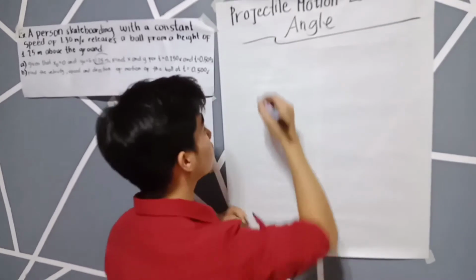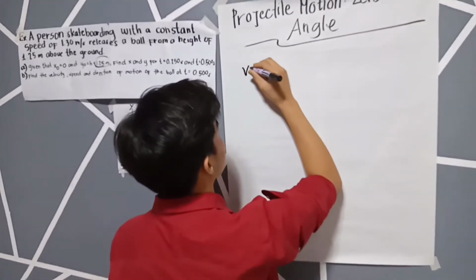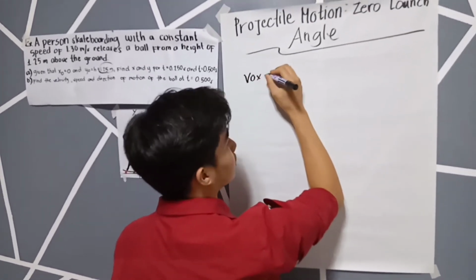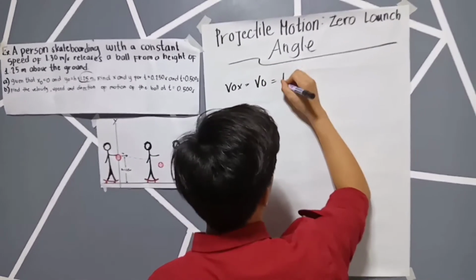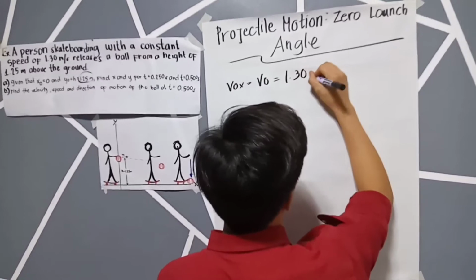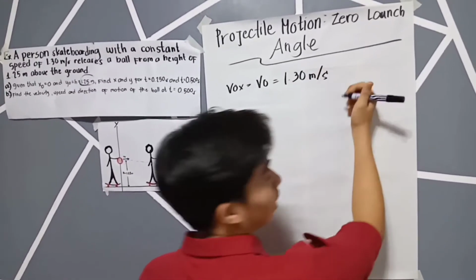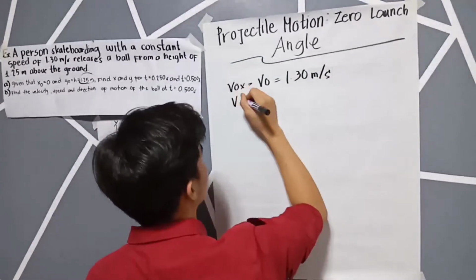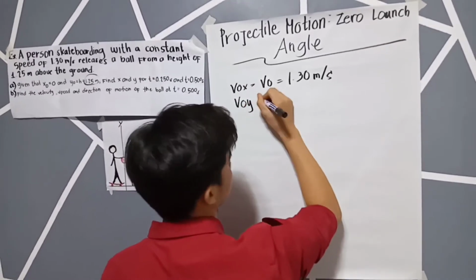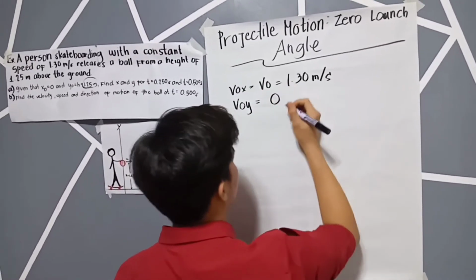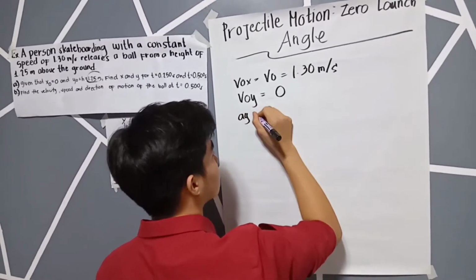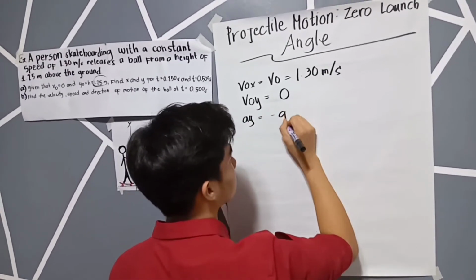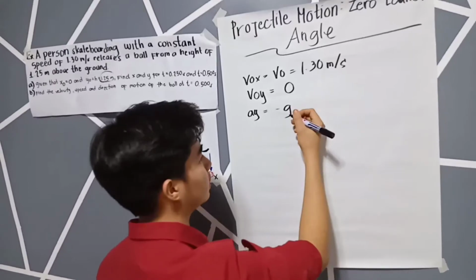Therefore, v sub o x is equal to 1.30 meters per second, and v sub o y is equal to 0, and the vertical acceleration a y is equal to negative g, or acceleration due to gravity.